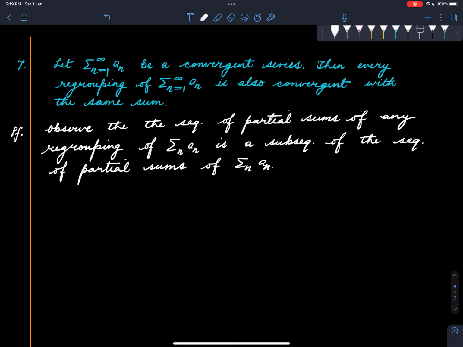So the sequence of partial sums of any regrouping is a subsequence of the sequence of partial sums of the parent convergent series.